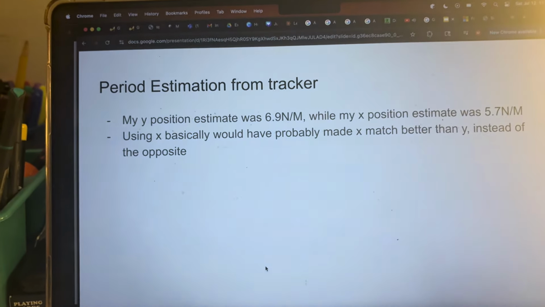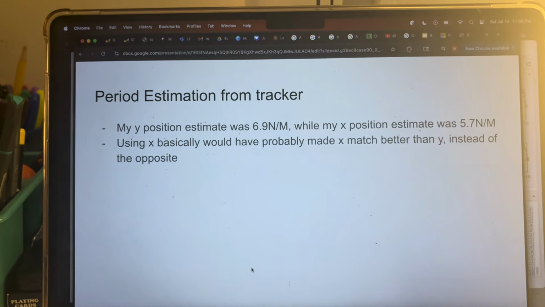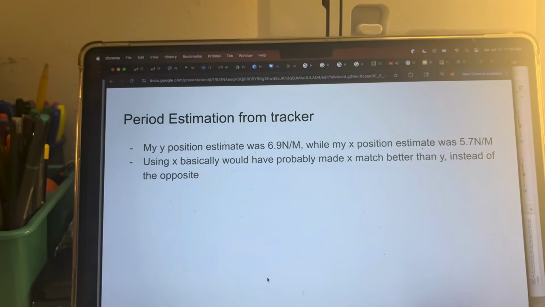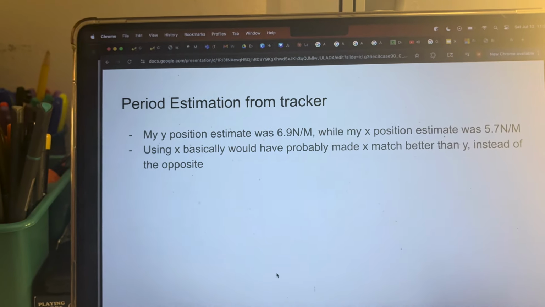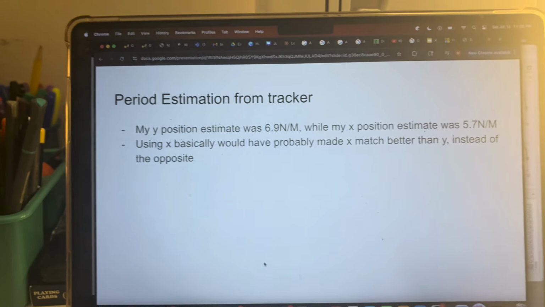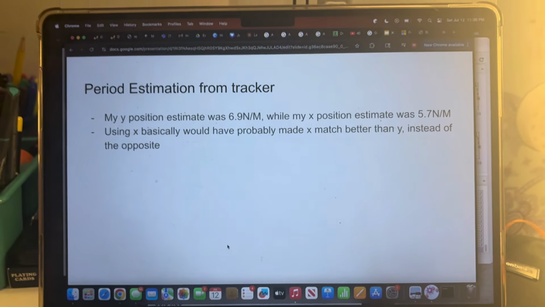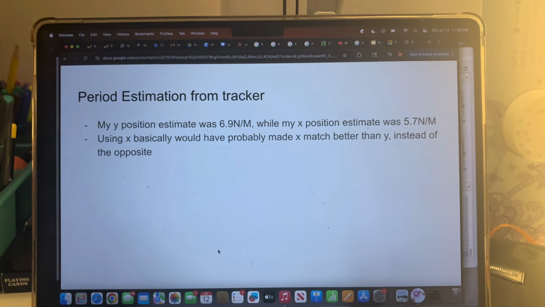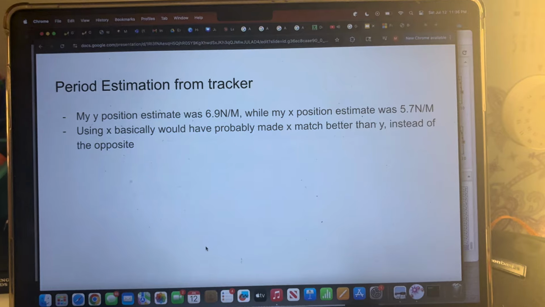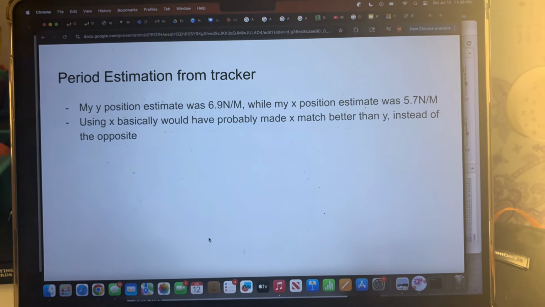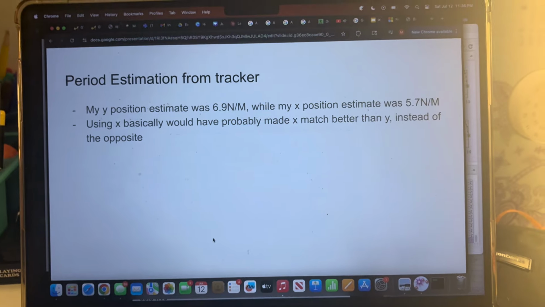Then my Y position estimate was 6.9 newtons per meter. Then my X position estimate was 5.7 newtons per meter. And so I think that using X would have probably made the X position graph match better than the Y graph for what would have been expected, instead of the opposite of Y looking better with it.